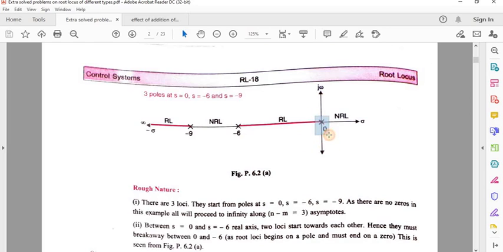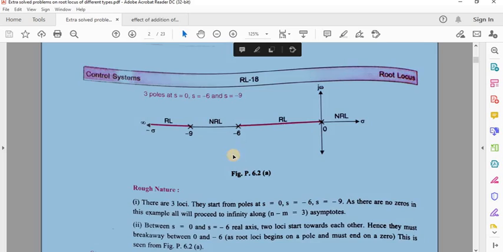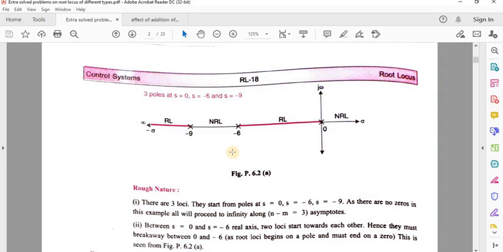Whenever we exclude the pole at the start, in this region from 0 to -6 there is one root, the pole at -6. So an odd number of roots is present to the right of the point, so there is real axis loci.